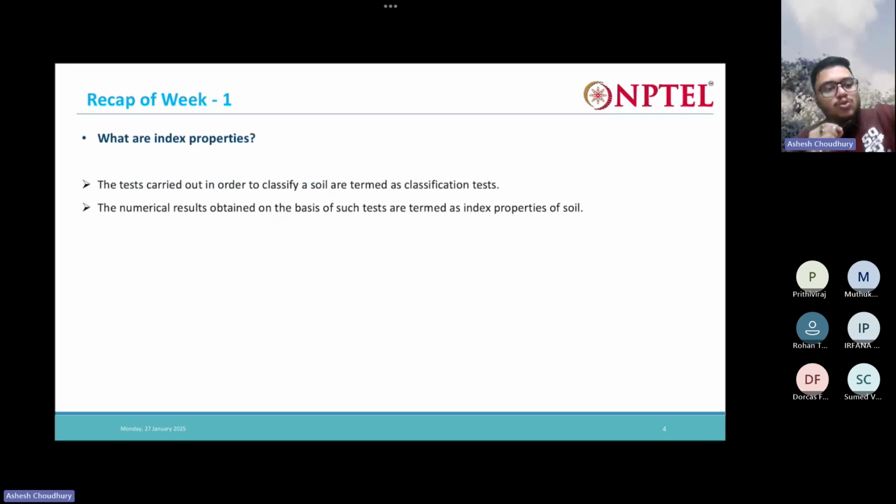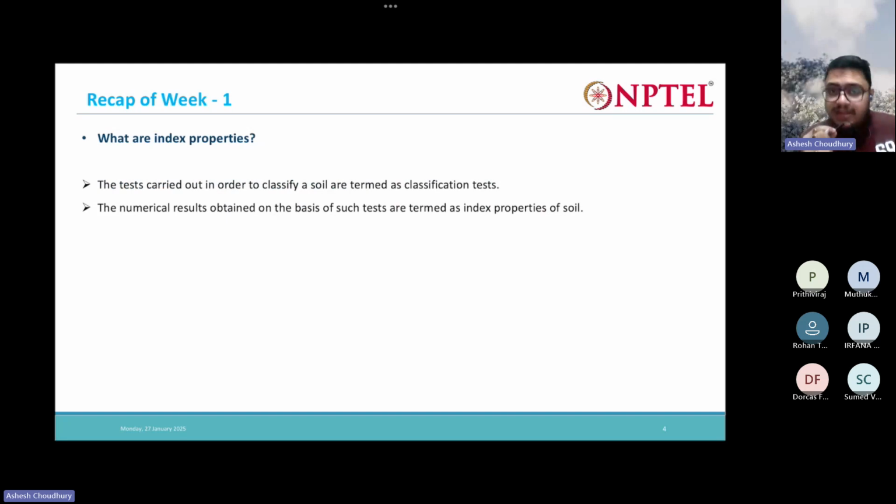Say you take some soil in your hand from here in India, and some soil from Japan. How will you tell your counterpart in Japan that I have this kind of soil? You need to quantify the type of soil, and in order to do that, you need to classify the soil.